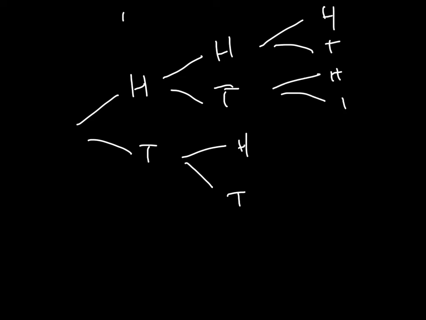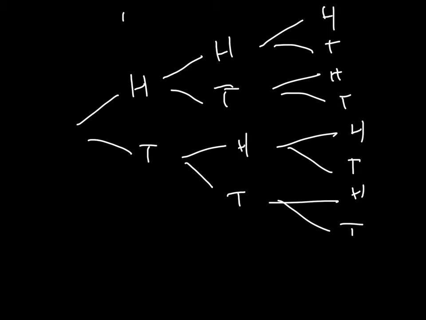Heads, tails, heads, tails, and heads, tails. Now I can count the number of outcomes there are. There is all heads, that's 1, 2, 3, 4, 5, 6, 7, 8. So I know there's 8 total outcomes.